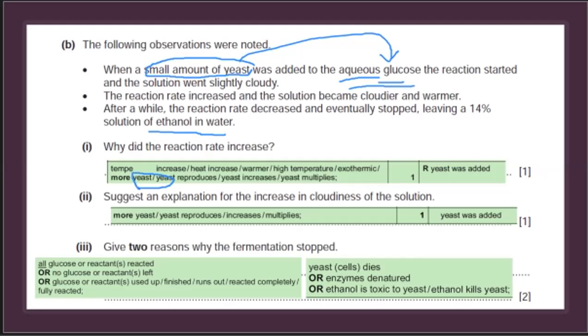All right, so just an explanation for the increase in cloudiness of the solution. The more yeast that is present, the more alcohol is going to be produced. The more alcohol is produced, the more carbon dioxide is produced.